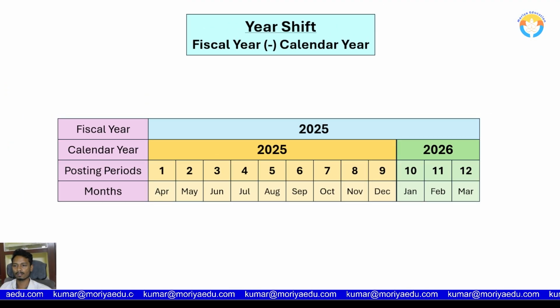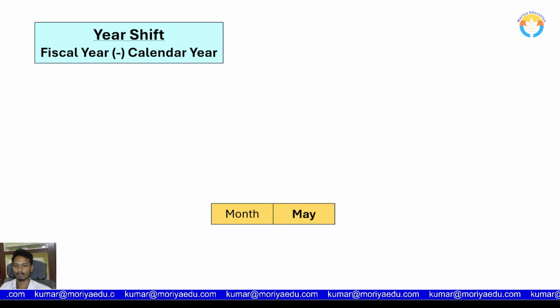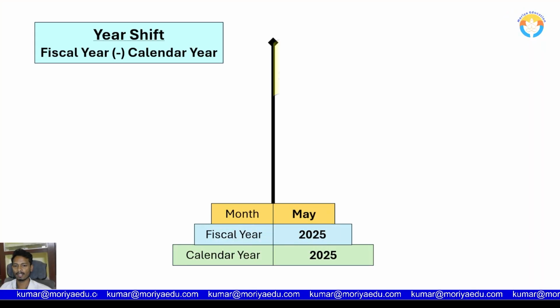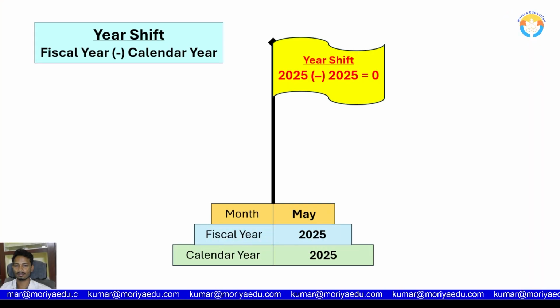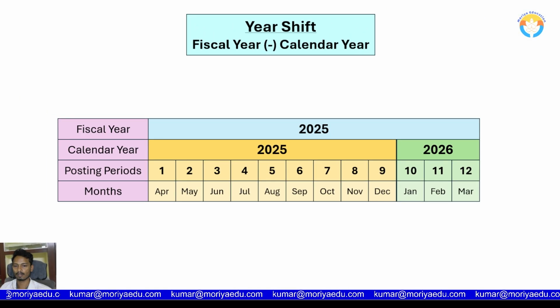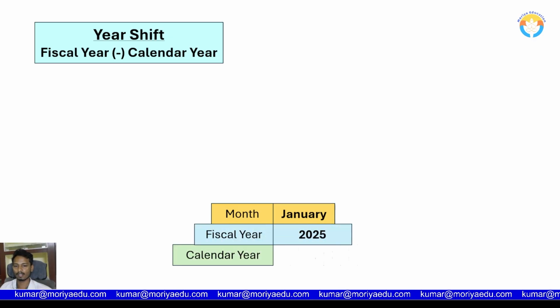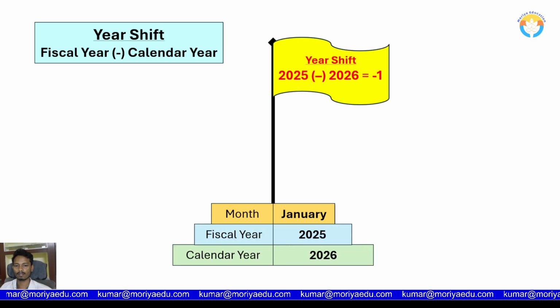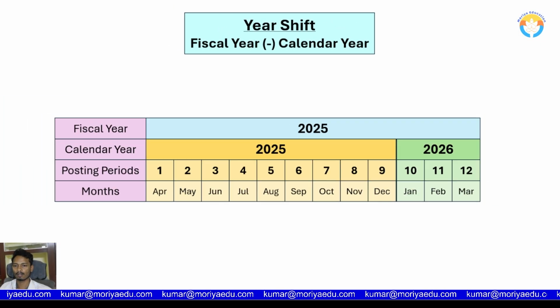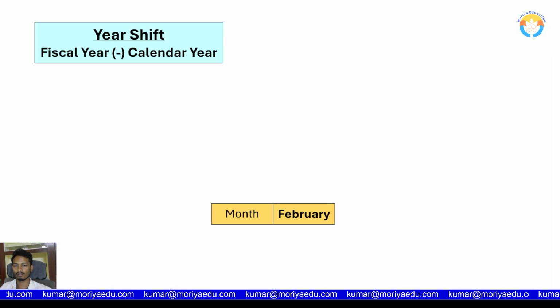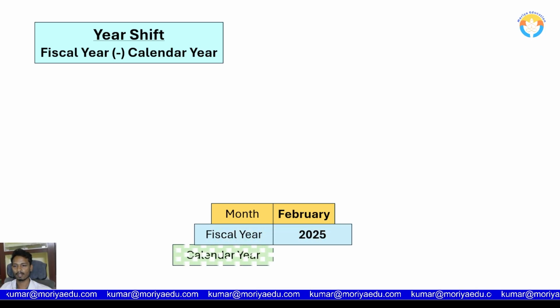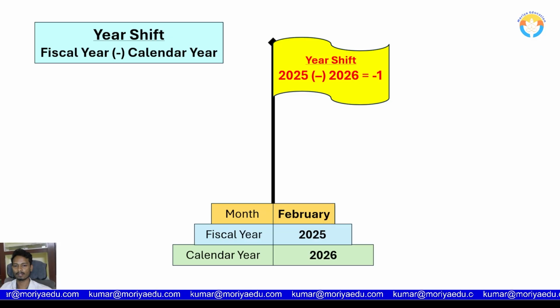And if we see May month, fiscal year 2025 minus calendar year 2025 is 0. But if we see the year shift for January month, fiscal year 2025 minus calendar year 2026 will be minus 1. In the same way, for the February month also, fiscal year 2025 minus calendar year 2026 will be minus 1.